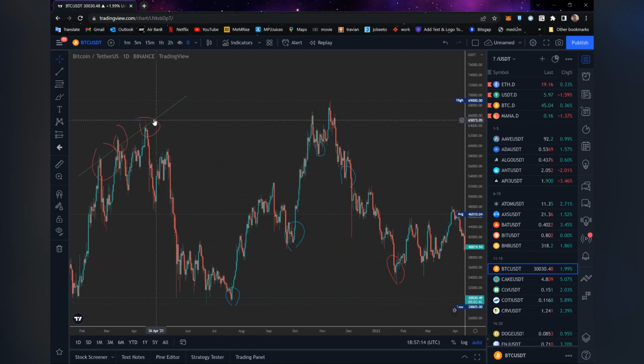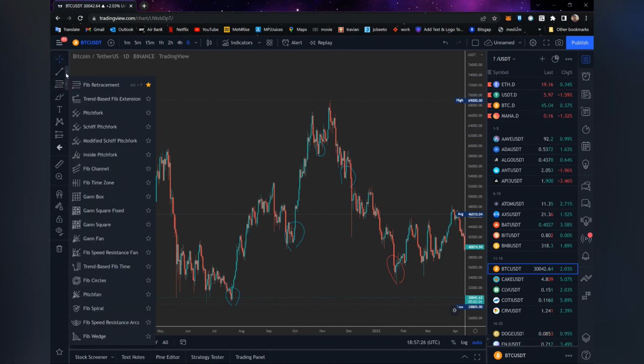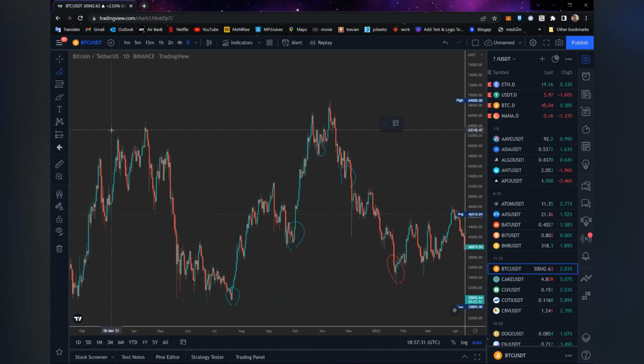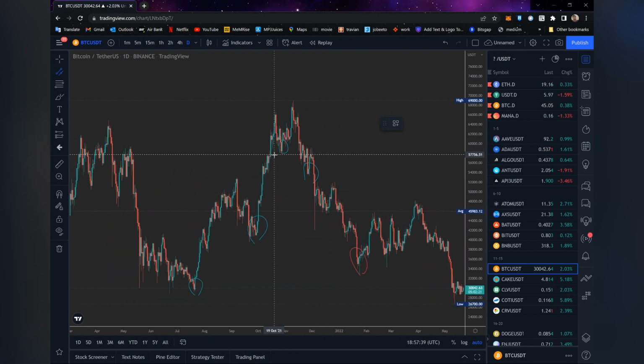Another thing is called, okay, let me remove all of this, a parallel channel. The parallel channel is like a mix of the upward and downward trend lines, and you make a channel with it. And we always say the price tries to move in the channel.